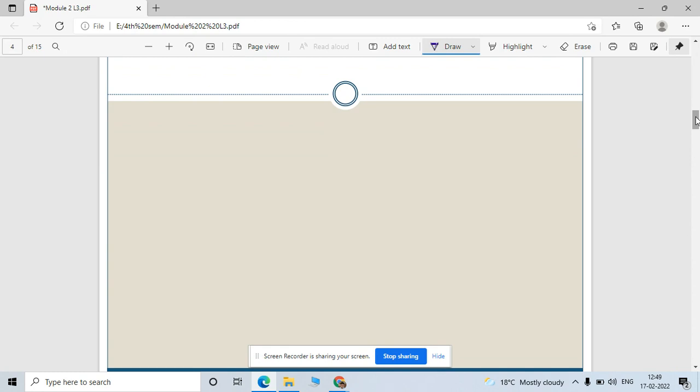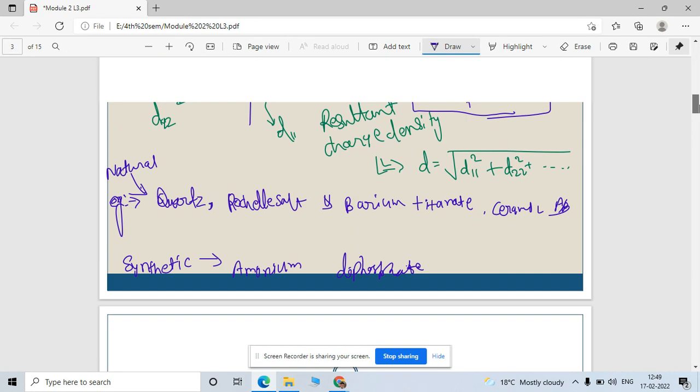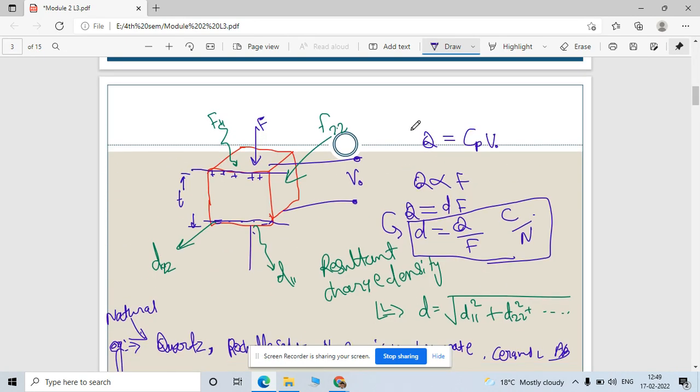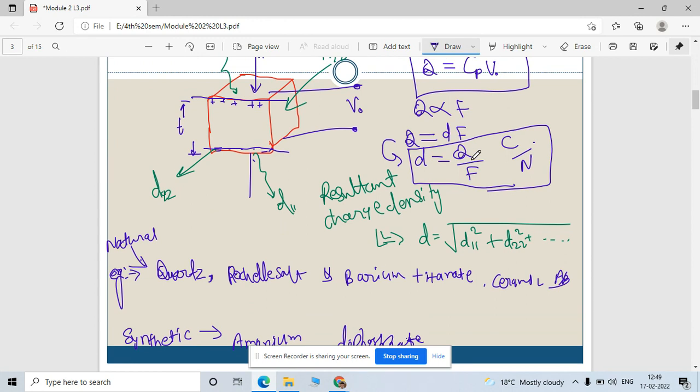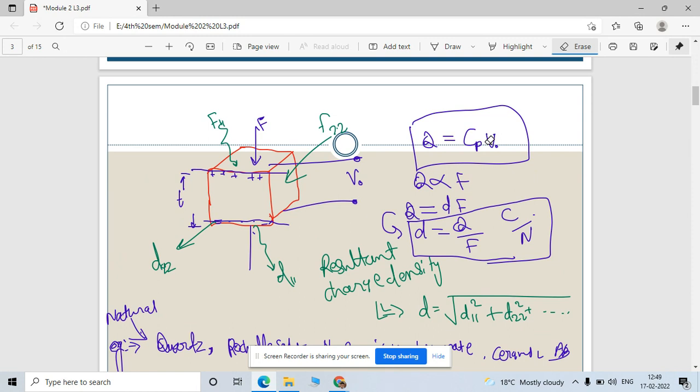Now see the relation between these two. One equation is Q equals CV, and the second one is D equals Q by F. Let's change this notation here.